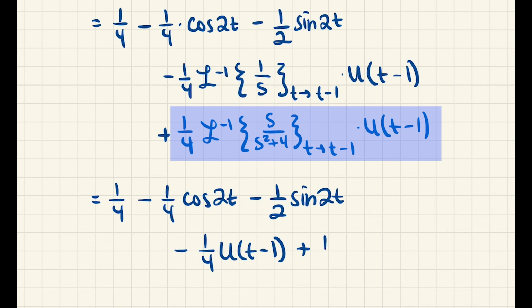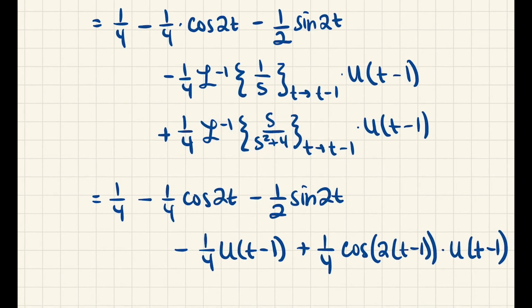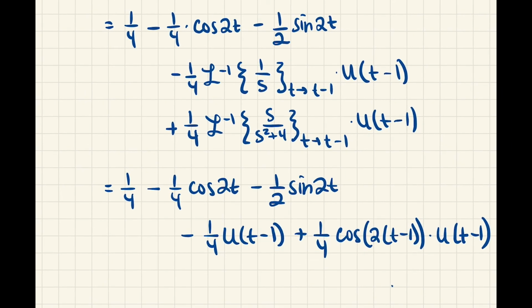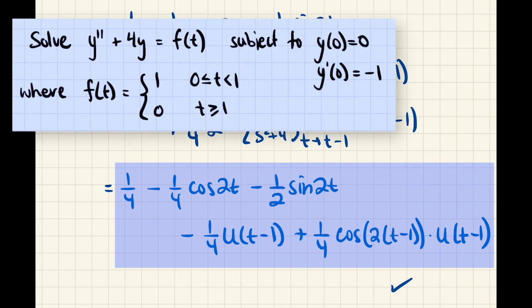Well, we've got the 1/4, and then this part here becomes cosine of 2t, but t is replaced by t minus 1. All right, so this is the particular solution to that initial value problem.